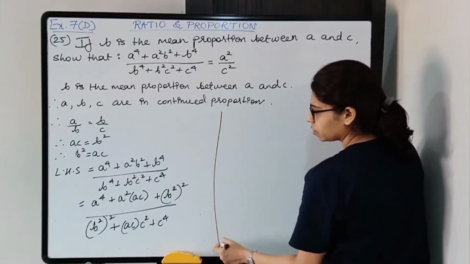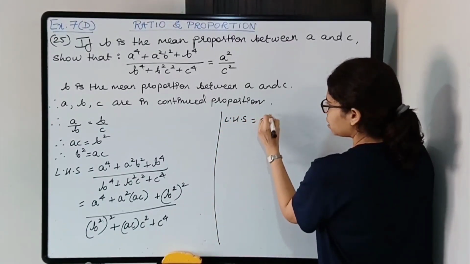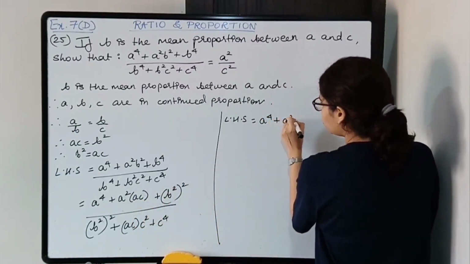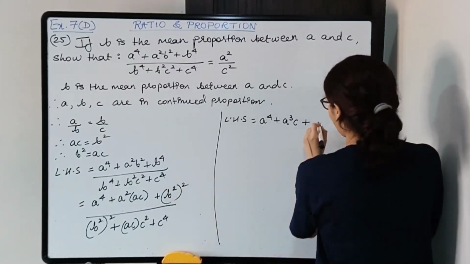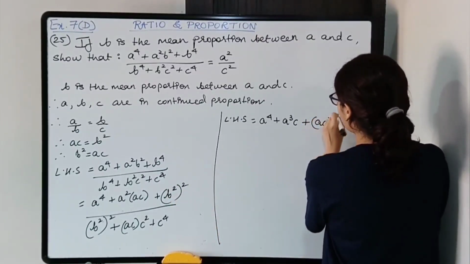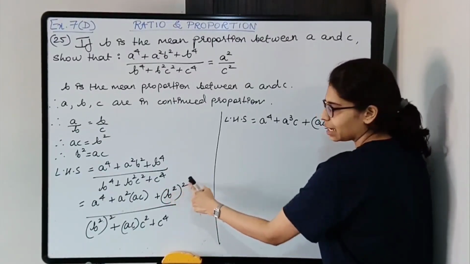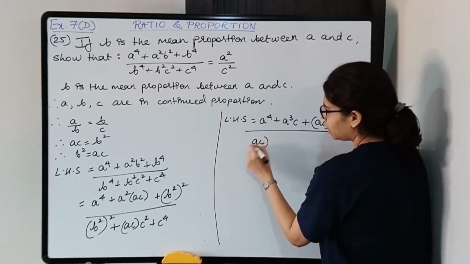A raised to 4 plus A square into A gives A cube into C plus B square is what? AC, but squared outside. So this is AC whole squared. Over here again AC raised to 2.